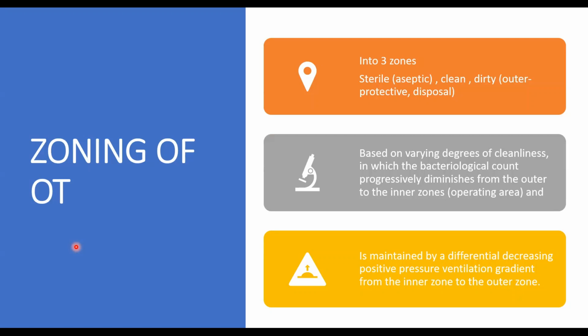The design of the zones is also important to make sure different pressures are maintained. The positive pressure is usually highest at the aseptic zone. So this will promote the flow of air from the aseptic region into the outer, dirty region.